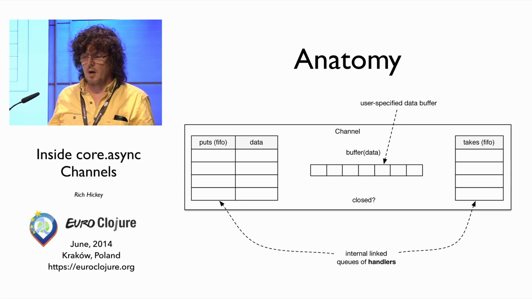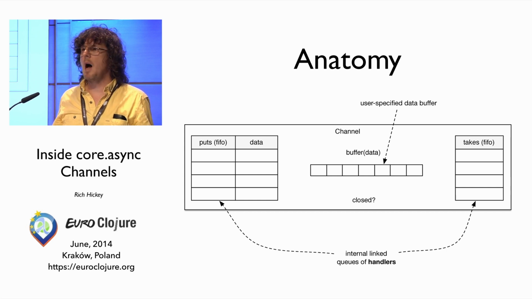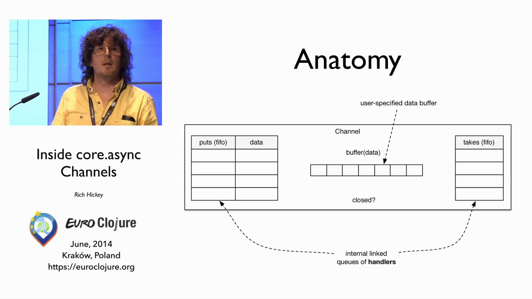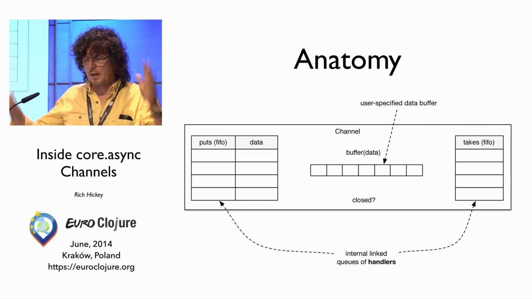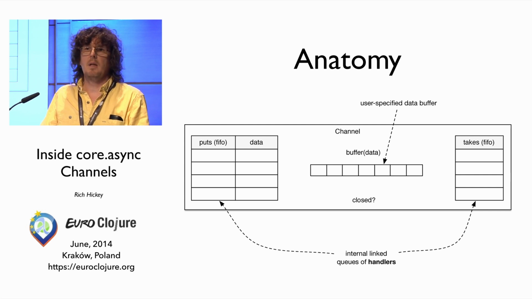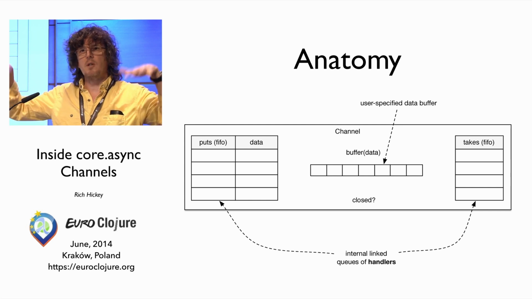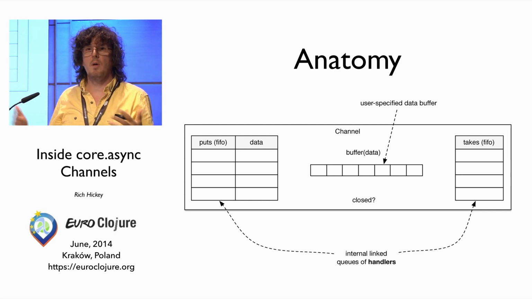So it ends up that inside any channel, there are two queues, if you will, of pending operations. So this is not just about the data, it's about the operation not yet completed. And they're just linked lists, but they're internal to the channel and managed by it. You can't really touch them. But they will accumulate operations in the case that no one's available or there's not buffering available.